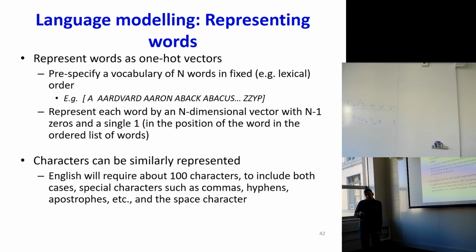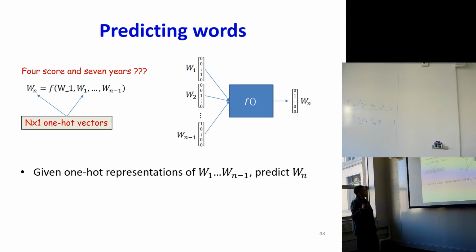We could do the same thing with characters. If you're working with characters, this one-hot vector is going to be 100-dimensional. A very simple way of thinking about predicting the next word is to think of a function f which operates on the sequence of the first n minus 1 words and produces the nth word.